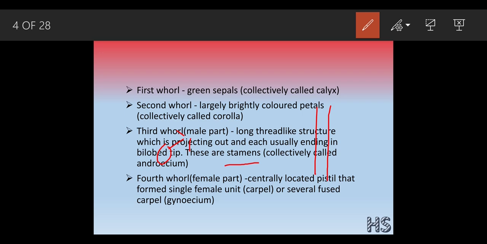It has a bilobed tube like this, 1 and 2, divided into two parts. So this is the structure of the androecium. The androecium is the male part. How do we study it? AM, androecium, male part.